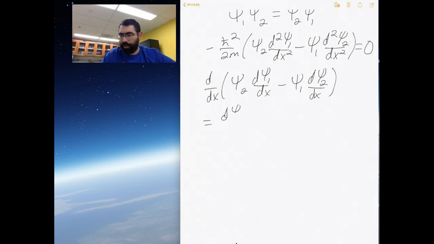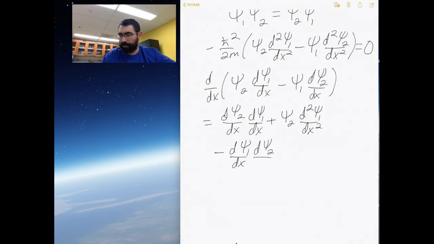So I get the derivative of psi2 times the derivative of psi1, plus psi2 times the second order derivative of psi1, minus the derivative of psi1 times the derivative of psi2, minus, now again the last term of the chain rule, psi1, the second derivative of psi2.